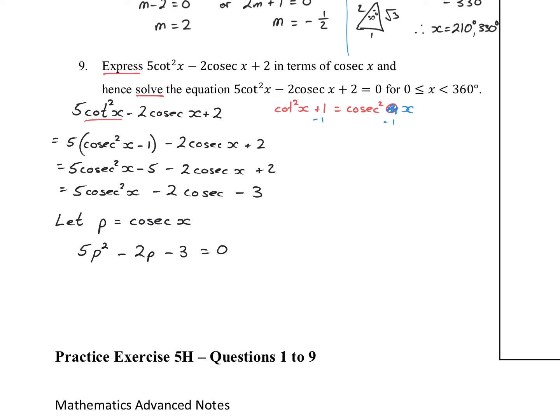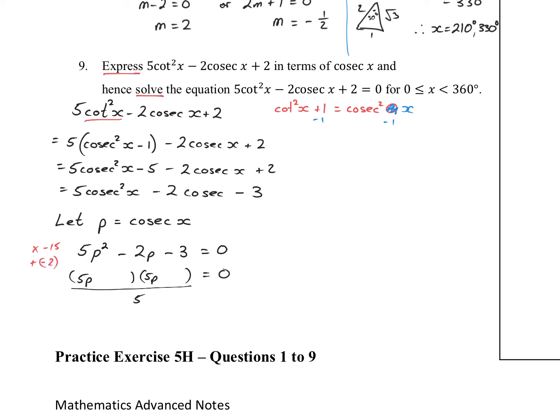Now we can factorise. We're going to try for our two brackets again, this way because it is the quickest way to do it. So we put 5p over 5. We're looking for two numbers that multiply to negative 15 and add to negative 2.